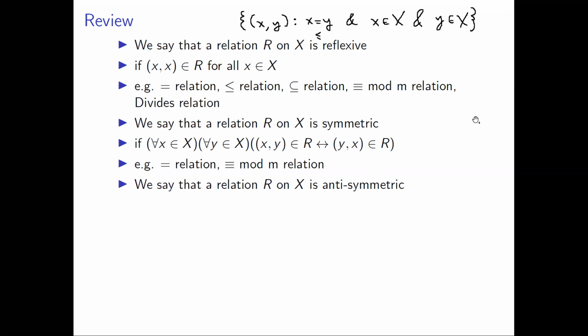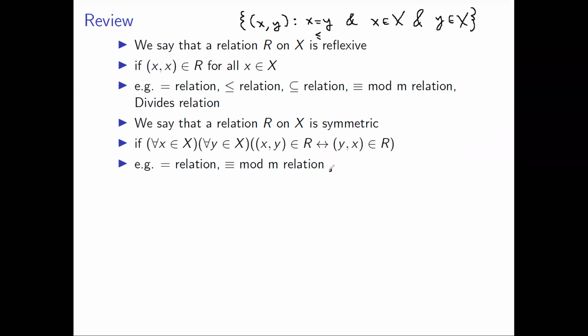And an example of a relation that is symmetric but not reflexive would be, for example, the inequality relation. That one is symmetric because if x does not equal y, then y does not equal x.